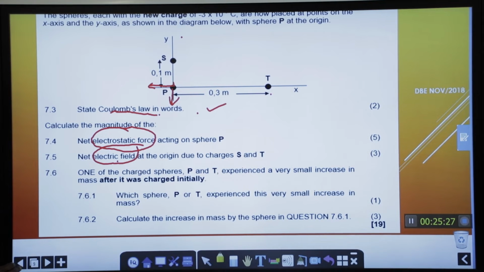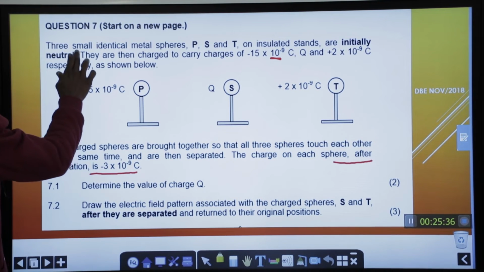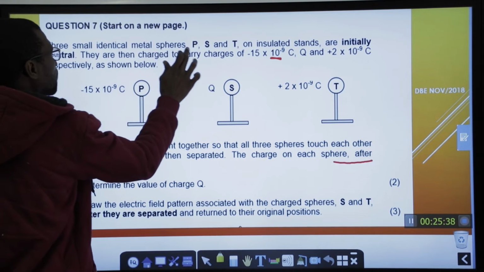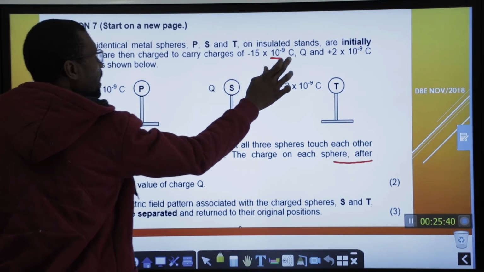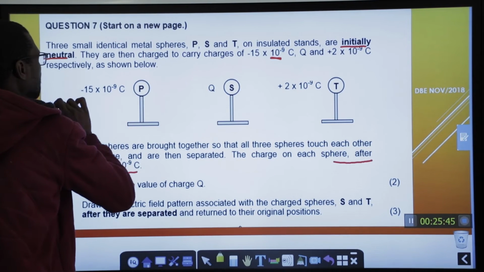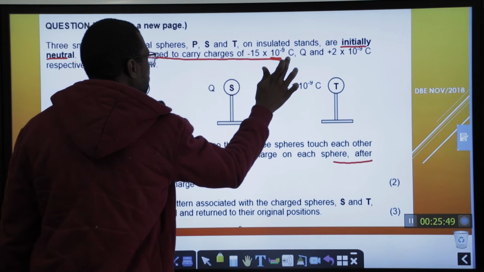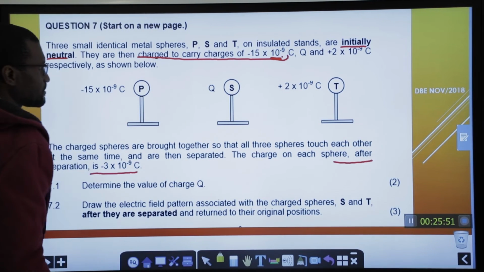Let's consider P and T after it was charged initially. So there are three identical metals, P, S, and Q, initially neutral. So they are then charged. This is the being charged initially, right?